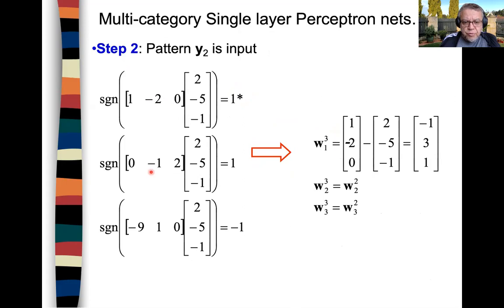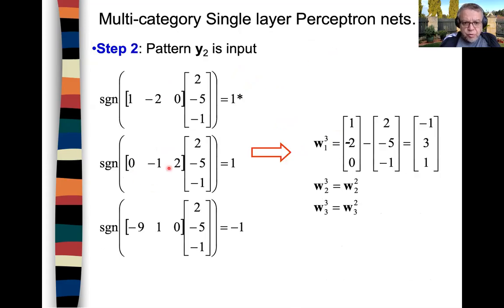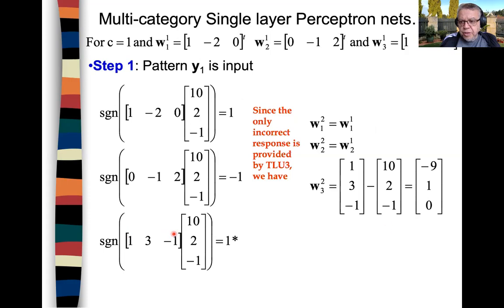And then we use the weights for the second threshold unit, which did not change either, so it's 0, -1, 2. So we use them the same. But for the third threshold logic unit, the new weights are -1, -9, 1, 0. This is the new threshold logic unit.